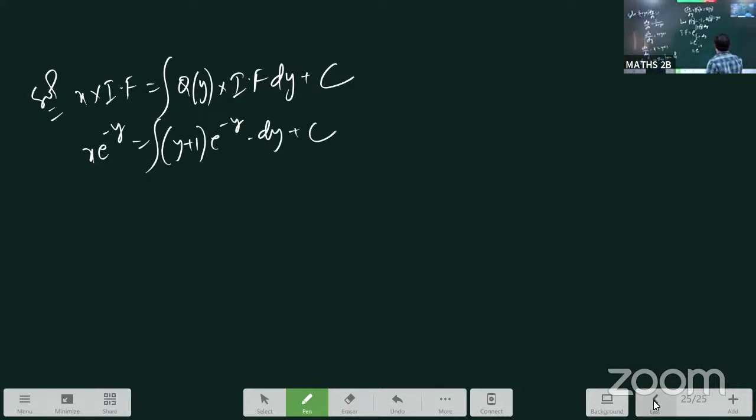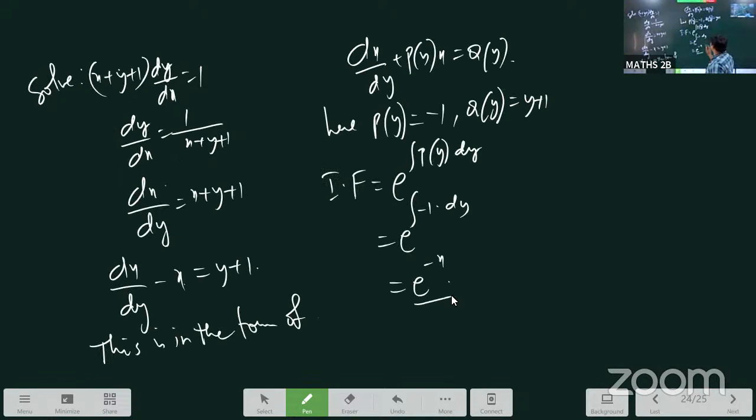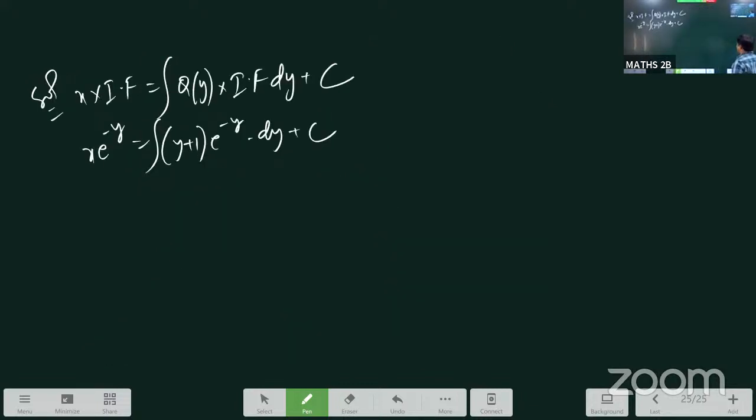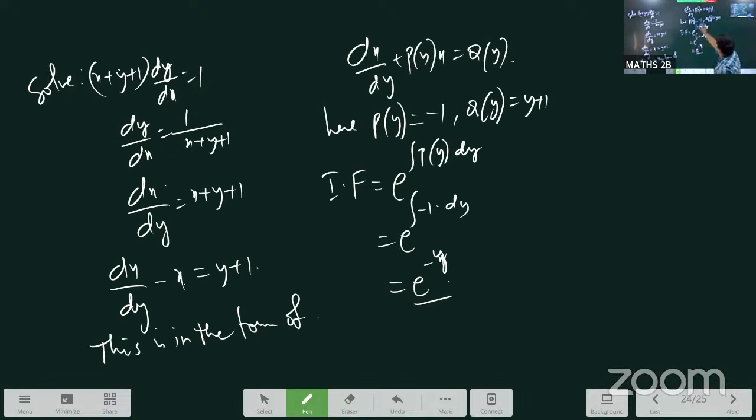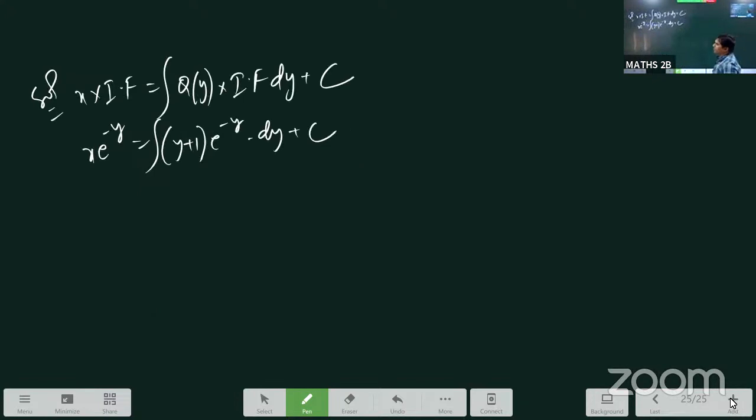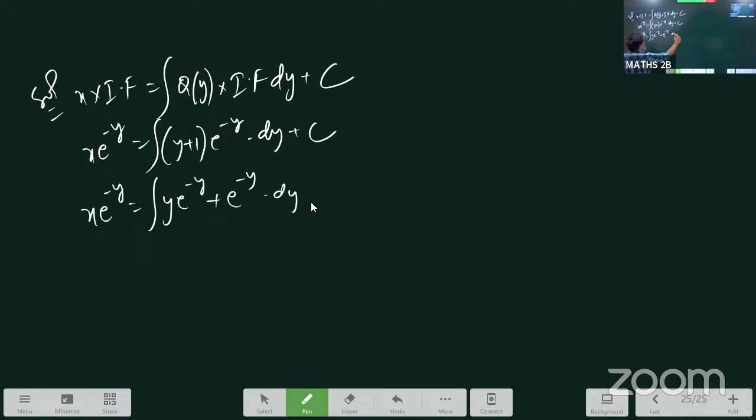Once again, the integrating factor is e^(−y). What is Q(y)? Your Q(y) is y + 1. Is it clear? Now x e^(−y) equals −y e^(−y) − e^(−y) plus c, after integrating by parts.